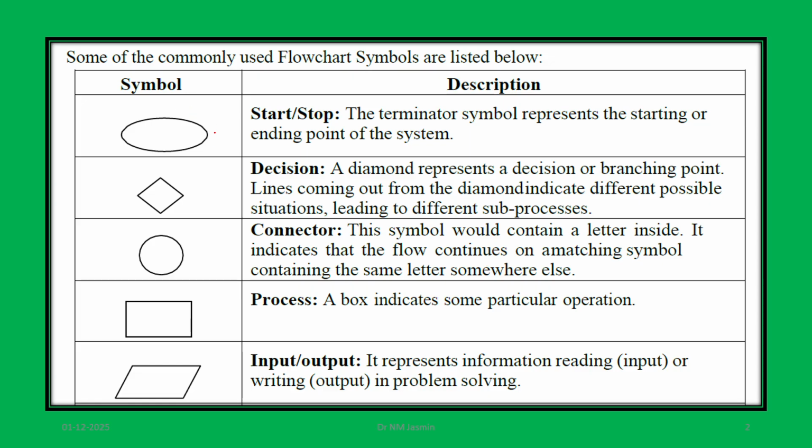Now, the shape of this is an ellipse. This symbol we are using only to start and stop. Okay, to start and stop, here we are using this type of ellipse symbol.